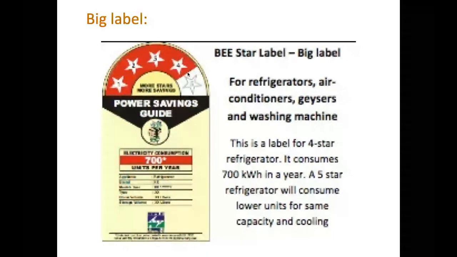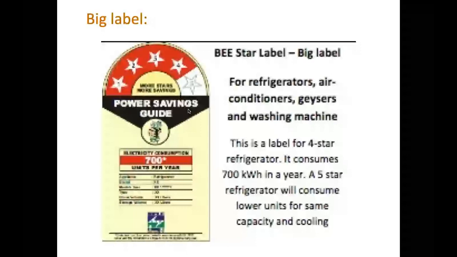These labels show additional information such as the yearly energy consumption of the product, the brand name, the product category, and much more. And for consumers, this big label is helpful as it allows you to calculate the actual money you would spend on the electricity bill for the particular product, isn't it?